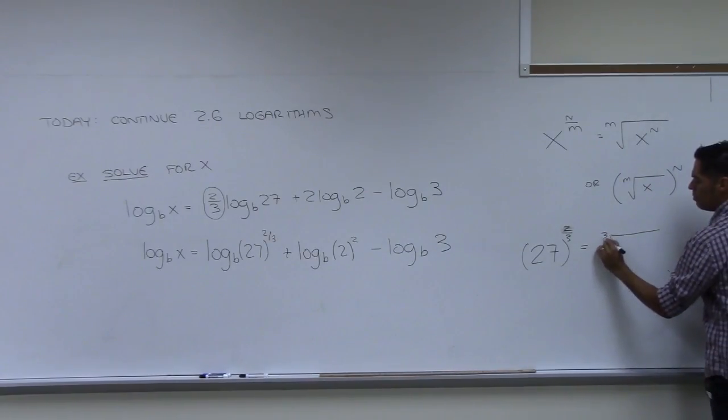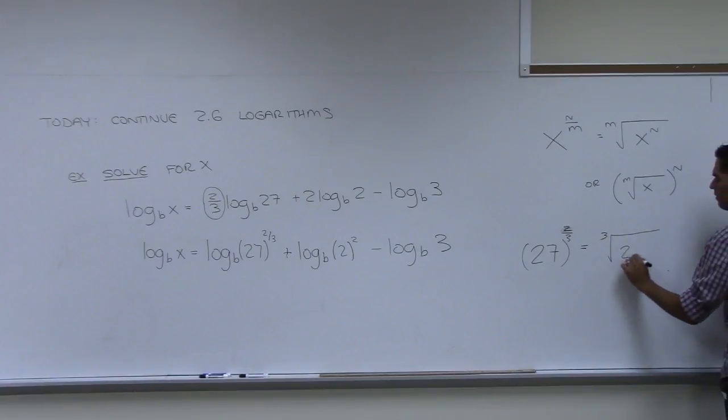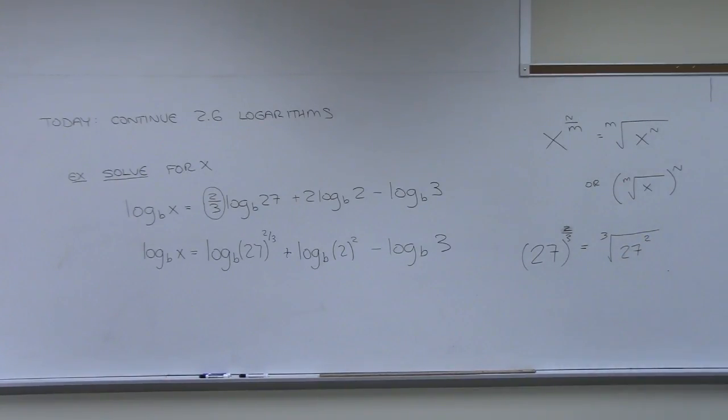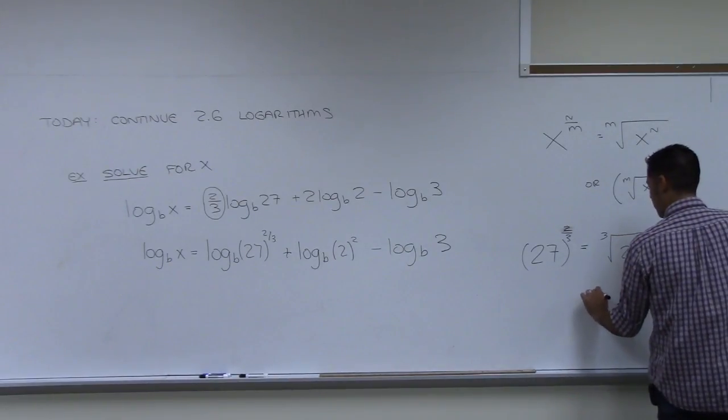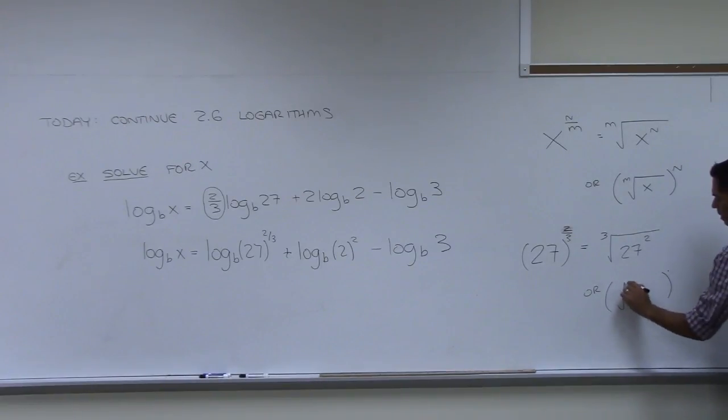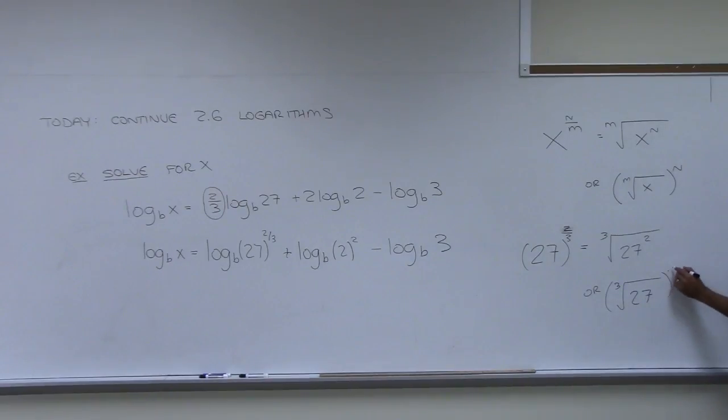Cube root, 3rd root of 27 squared. You can write it that way. Or, how about the other notation? It would be the cube root of 27, but then squared. Do y'all see this property being used here?